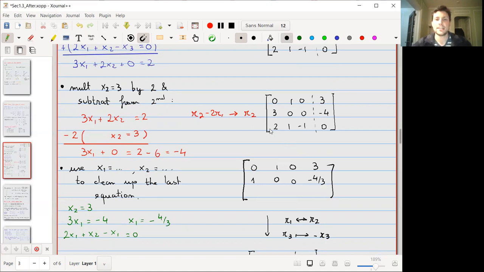And now I can take the last row and replace it with whatever I get when I write itself minus twice the second row, which will eliminate this 2, and minus once the first row, which will eliminate this 1. Let's write that down.